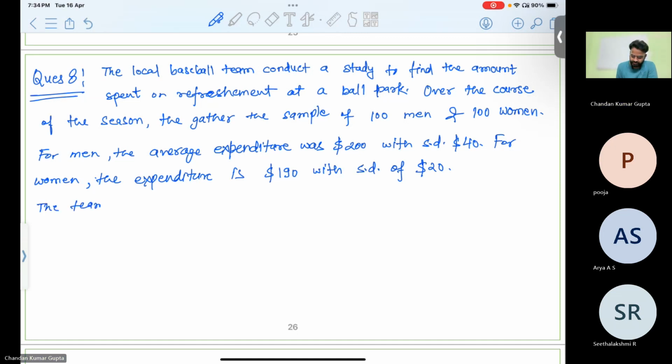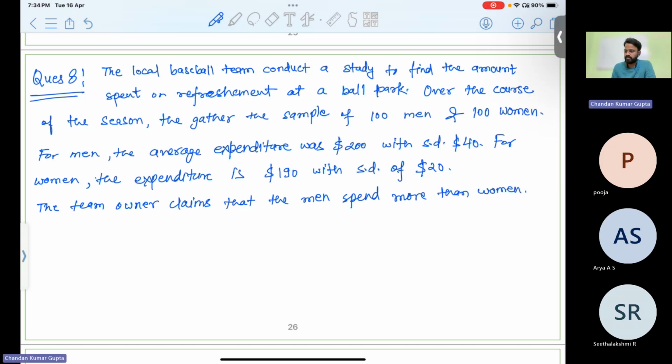The team owner claims that the men spend more than women. Check the hypothesis at 5% level of significance.